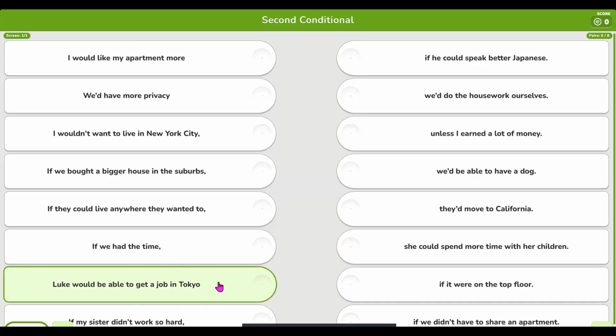What is the condition? My dear Christian, could you read it? Luke won't be able to get a job in Tokyo. This is the result. And what is the condition, my dear Christian?